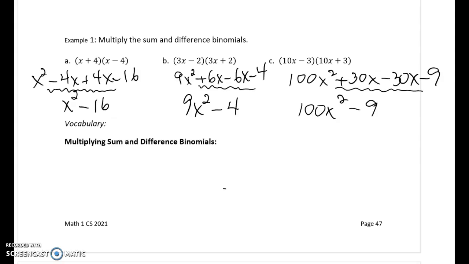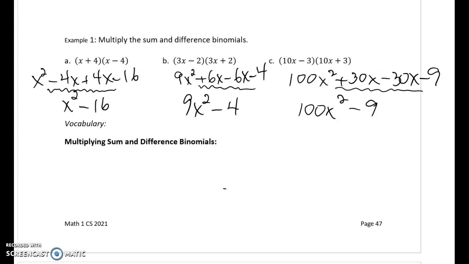It ended up with a sum of 0, so it was not part of our final answer. That happened because of the way these problems were set up.